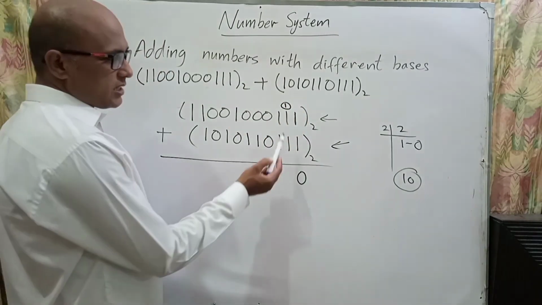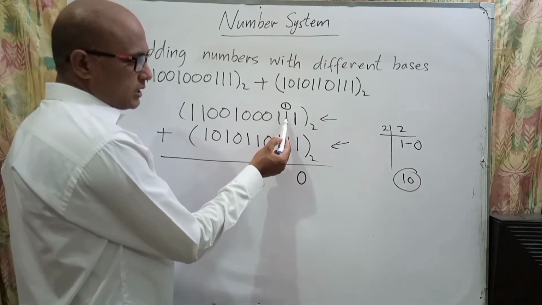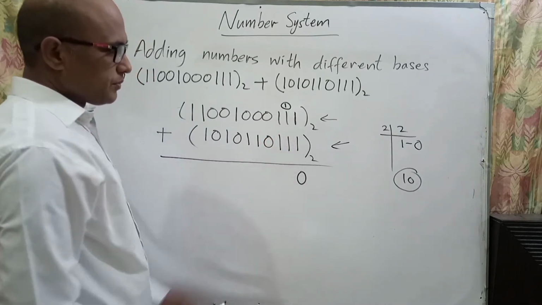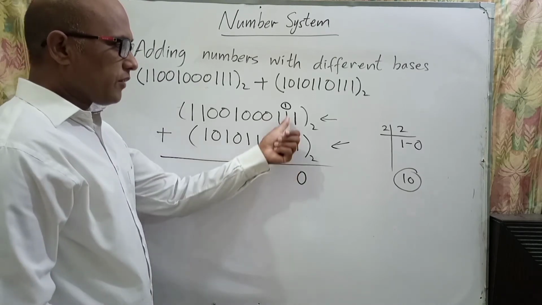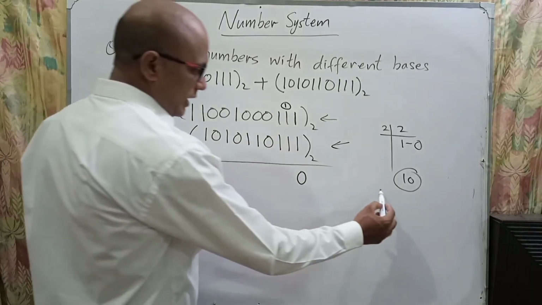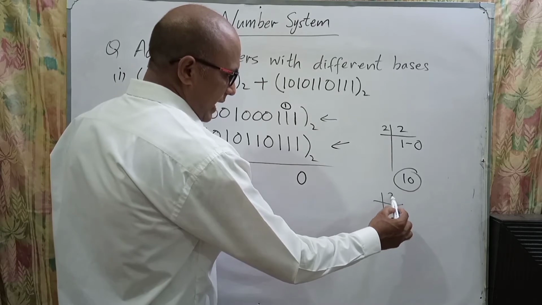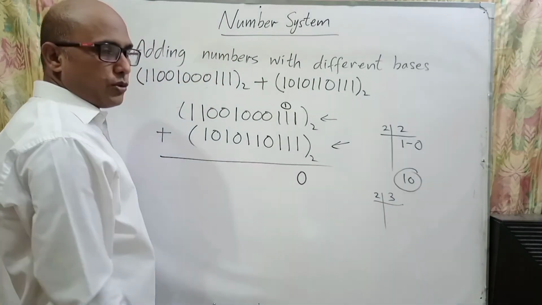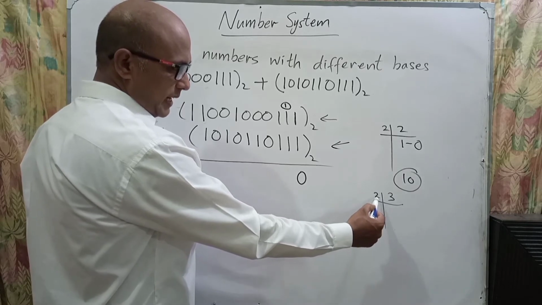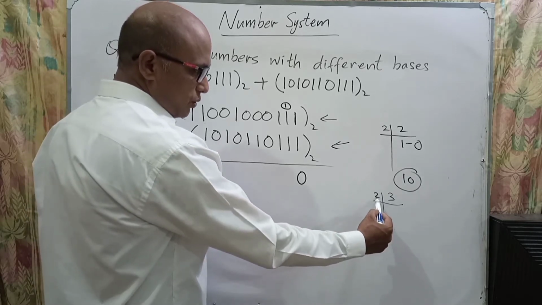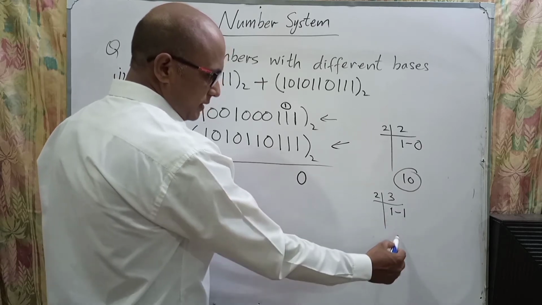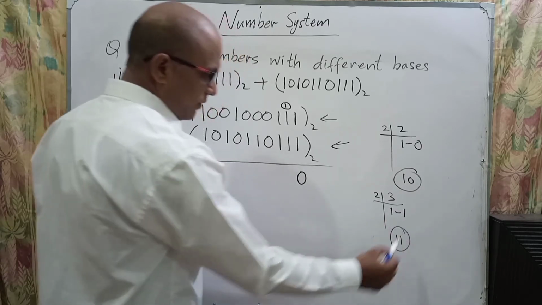Now adding the next numbers: 1 plus 1 plus 1, 3. So the sum of these three numbers is 3. So let's find the LCM of 3, doing it with base 2, or you can say 2 1s are 2 and the remainder is 1. So the answer is 11.